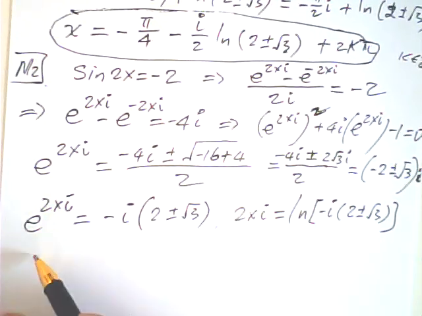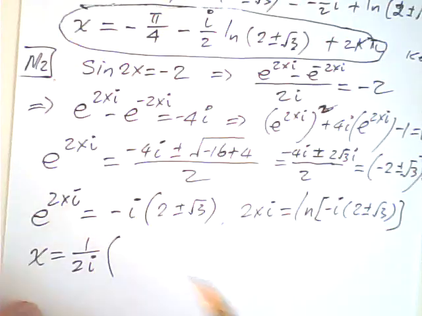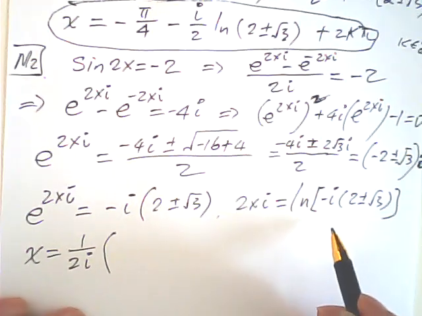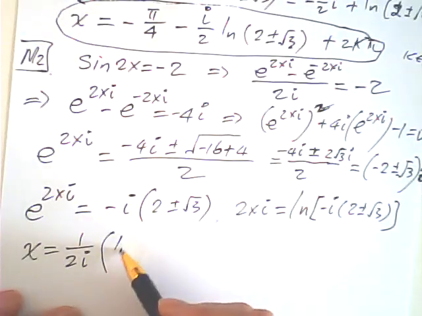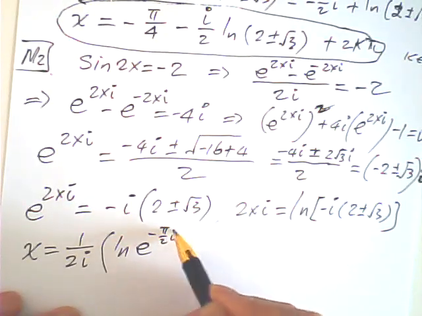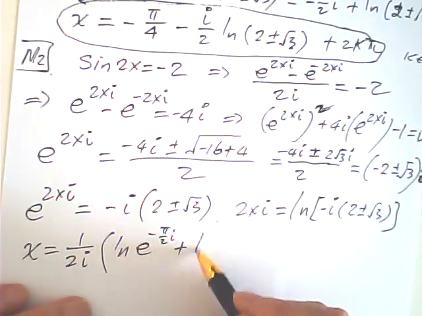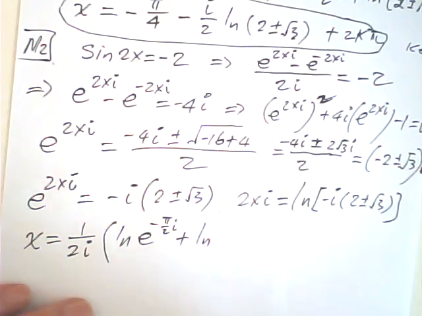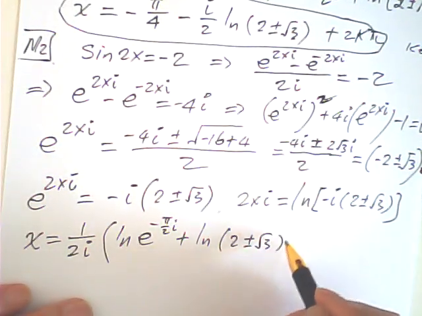Now then, my x is equal to 1 over 2i times the log of negative i, which is log of e to the negative half pi i, that's negative half pi i, plus log of 2 plus or minus root 3.